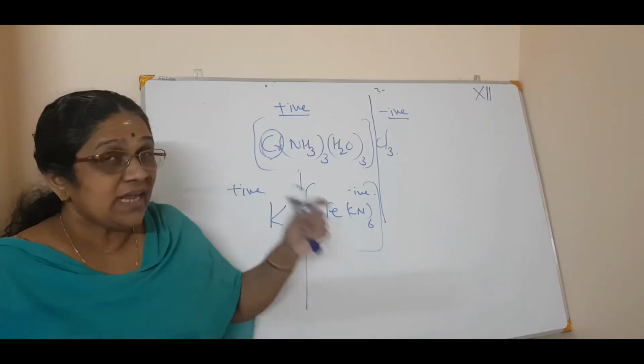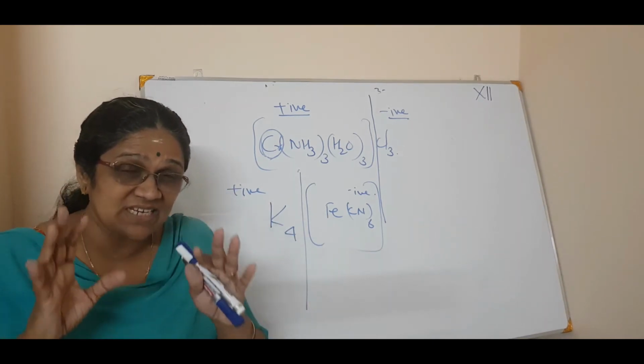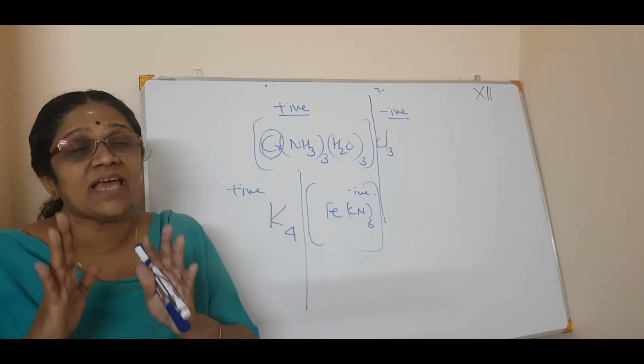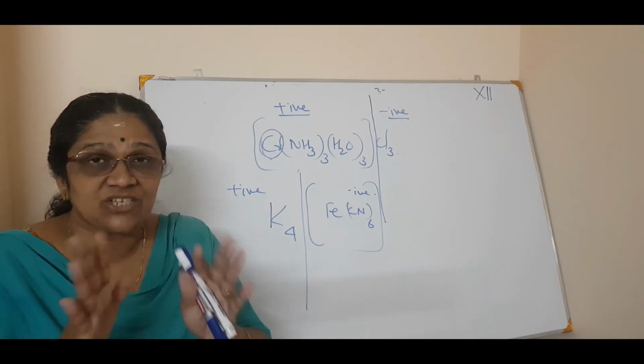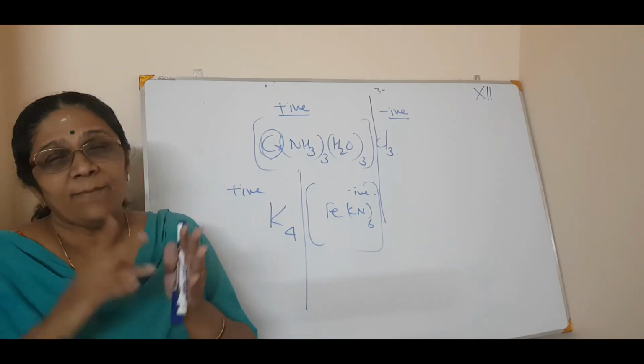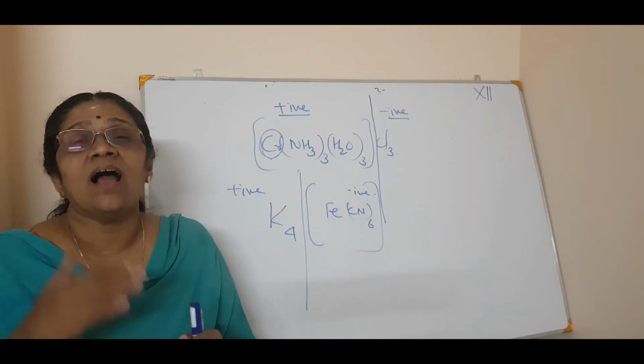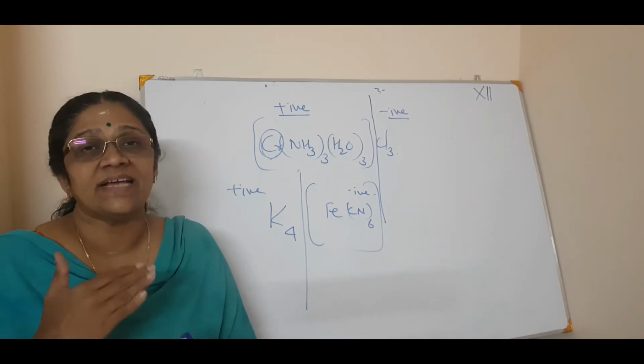Correct? So if the complex ion is a cation, then the name of the cation is written as such: chromium, platinum, nickel, iron, silver, etc.